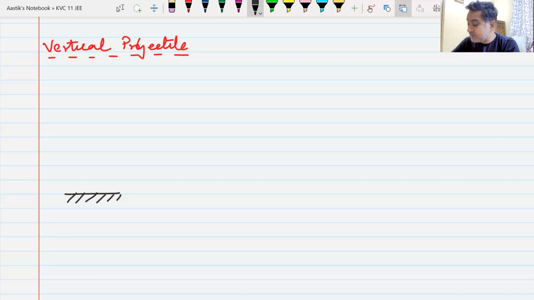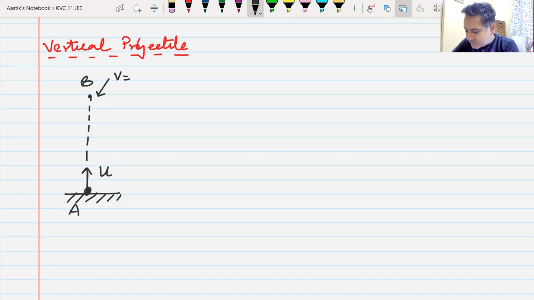Well, the name says, I will throw something vertically up with an initial velocity u from point A. It will reach a point B, the highest point. The velocity at this point becomes 0. The height it reaches is h.